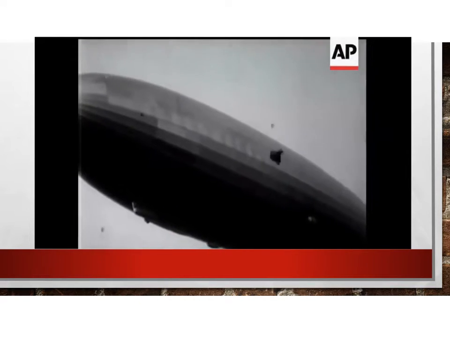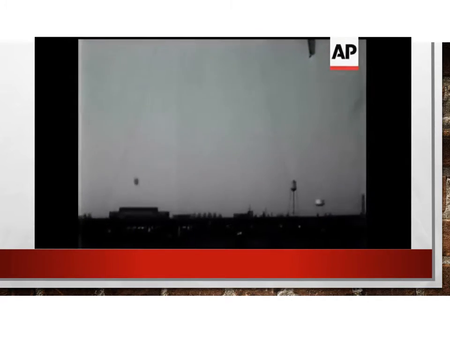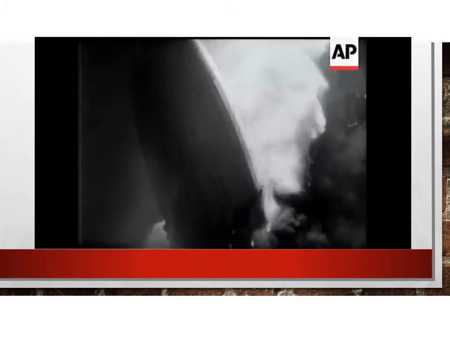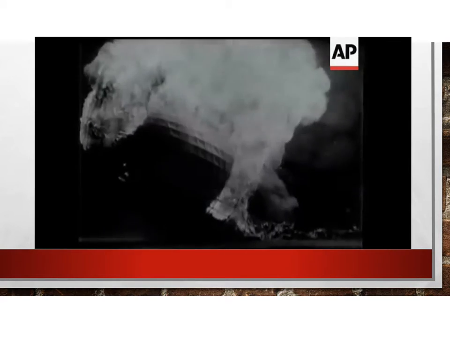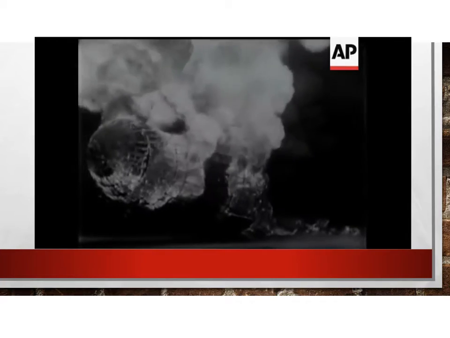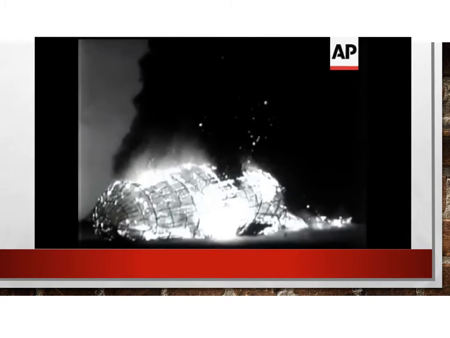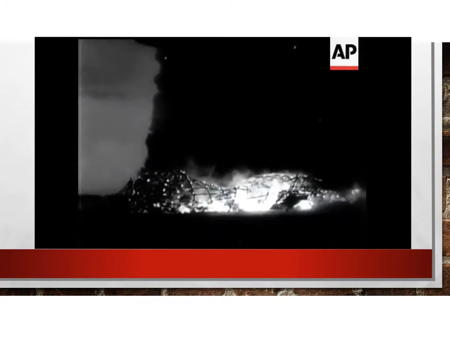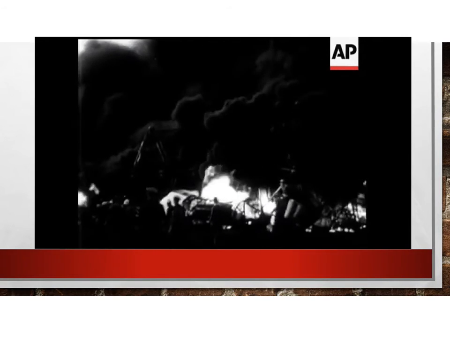Scarcely 100 feet above ground, the giant airship with her framework encasing 7 million cubic feet of inflammable gas is being carefully maneuvered towards her hangar, when suddenly... Appalling tragedy is a matter of seconds.